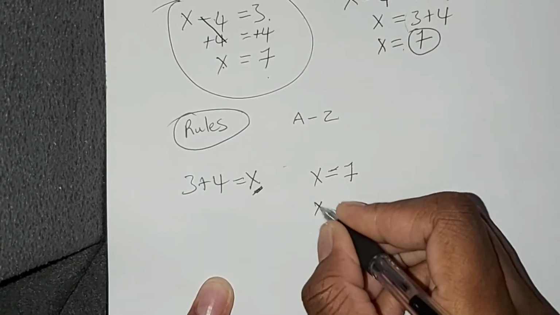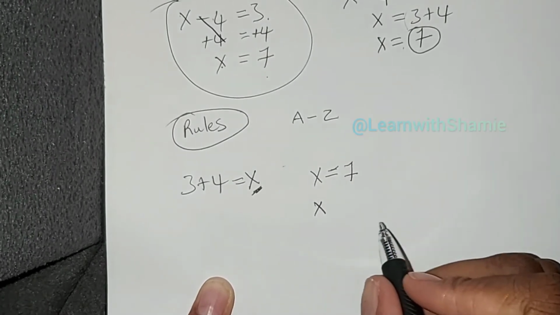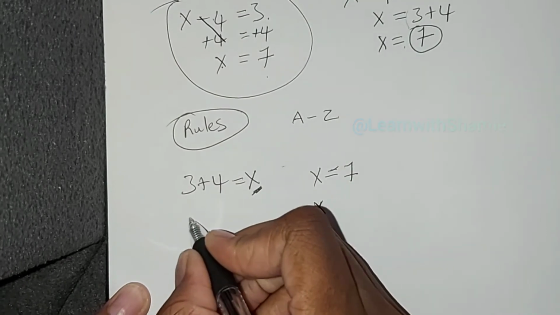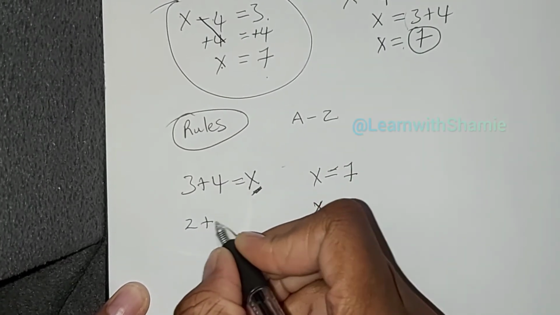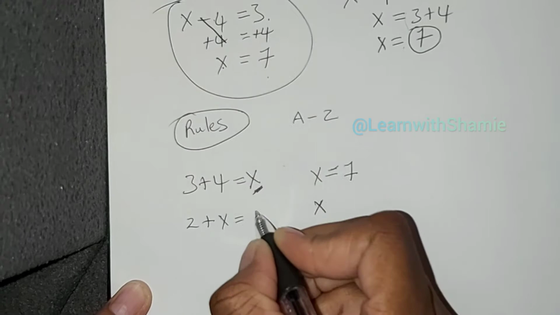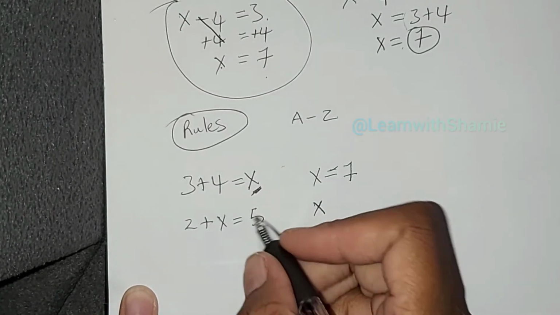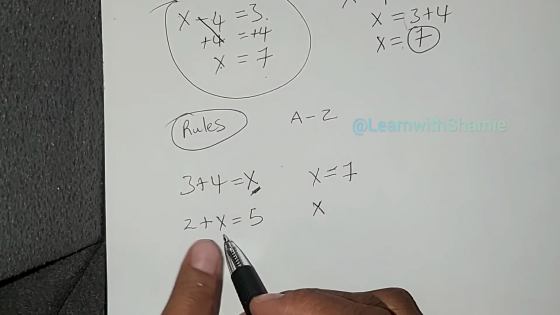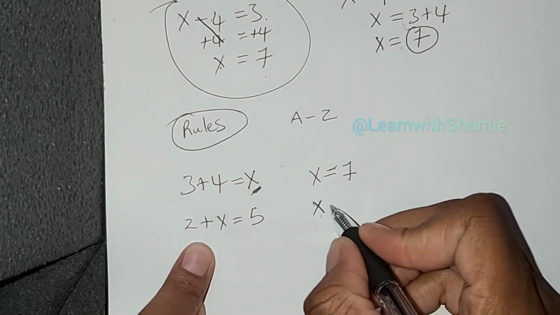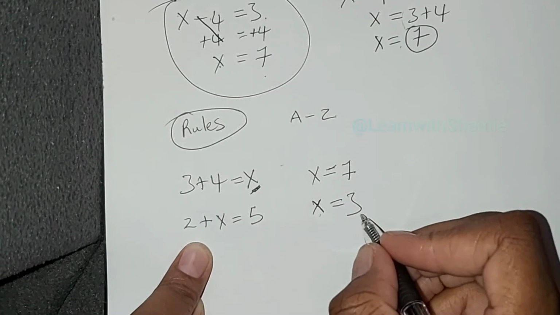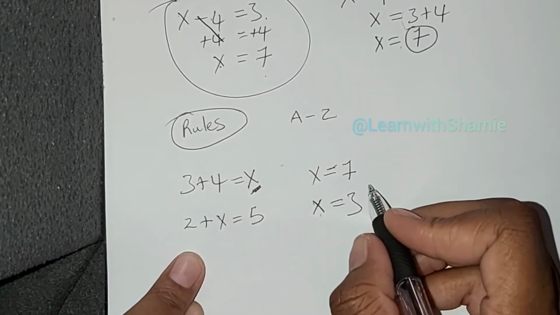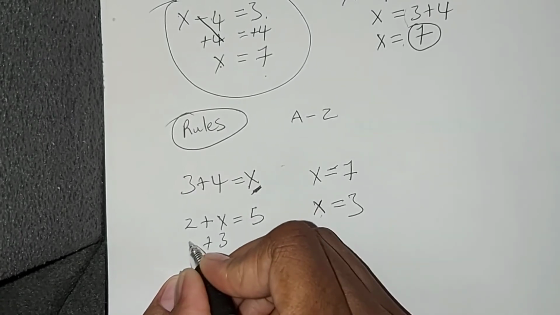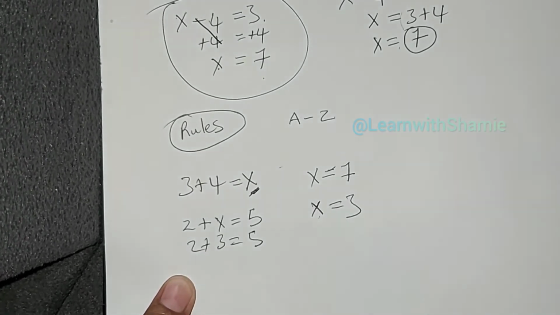But x can stand for a different value in a different equation. So for example, 2 plus x is equal to 5. In order for both sides of the equation to be equal, x must have the value of 3 in the equation, because 2 plus 3 is equal to 5.